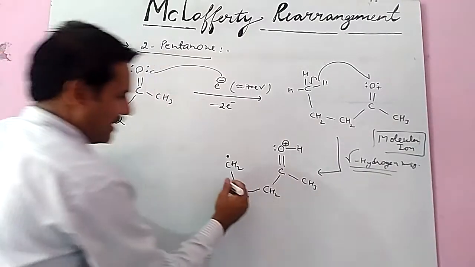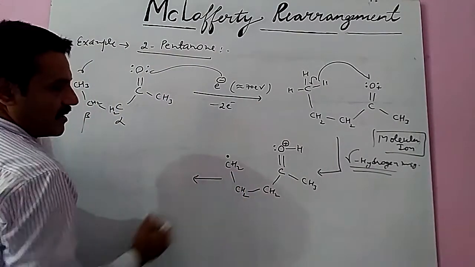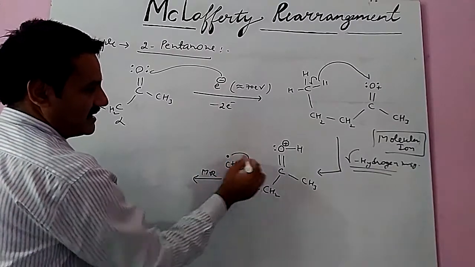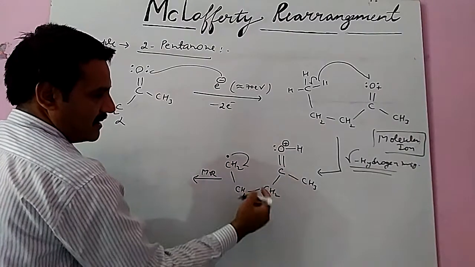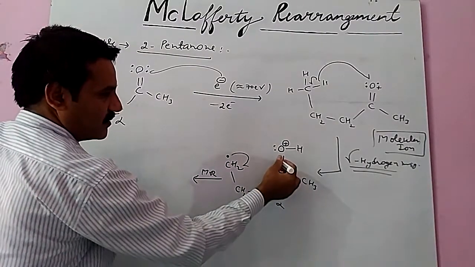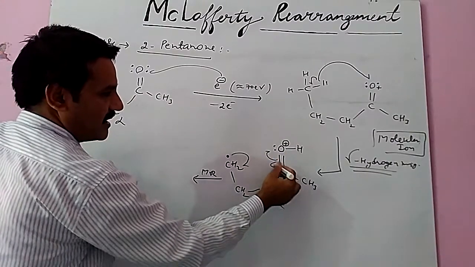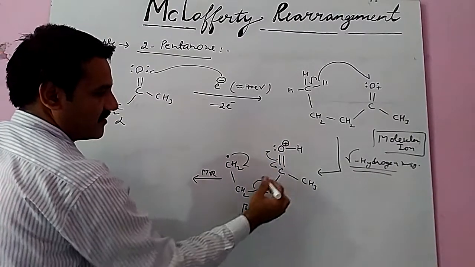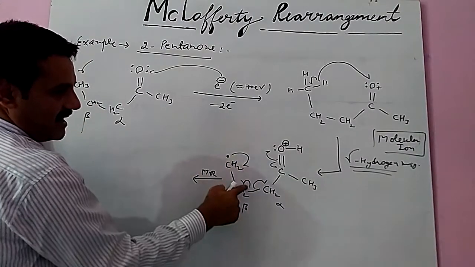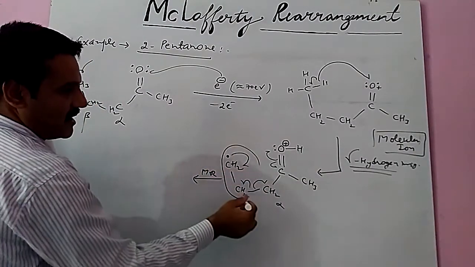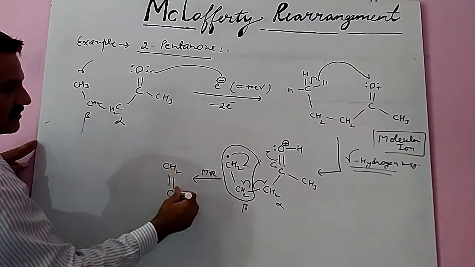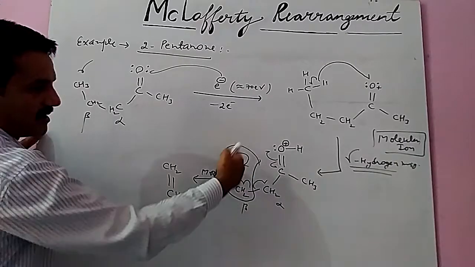Now by McLafferty rearrangement, what will happen? The electron transfers to this position, then this is alpha, this is beta, and the alpha-beta bond cleaves, so the electrons are transferred half and half, 1 and 1. Now this radical and radical make a neutral molecule, that is CH2 double bond CH2, ethene, a neutral molecule.